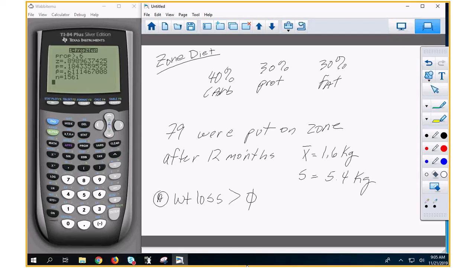At a 0.05 significance level. So there's your question. And is it practical? They want to know, does weight loss have a significance? Is it practical? Well, I can tell you right now, 1.6, that's nice, but it's not practical.